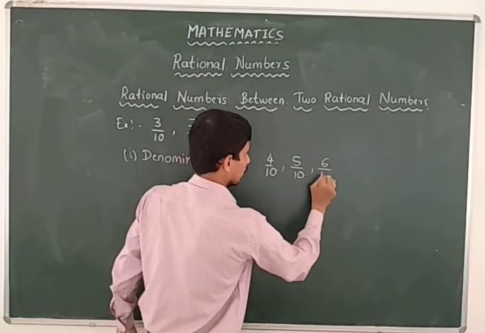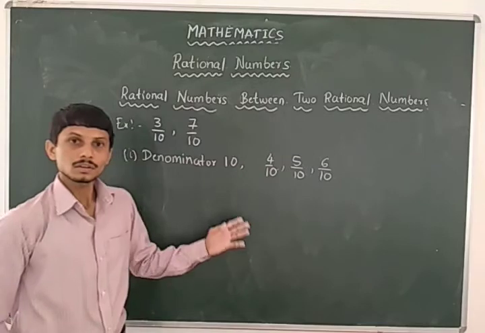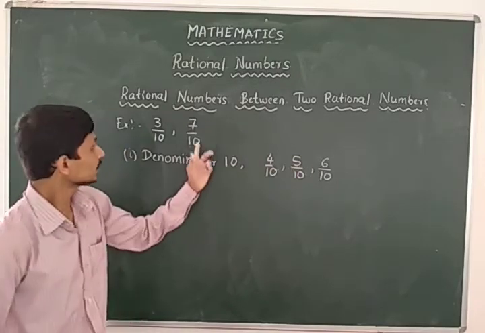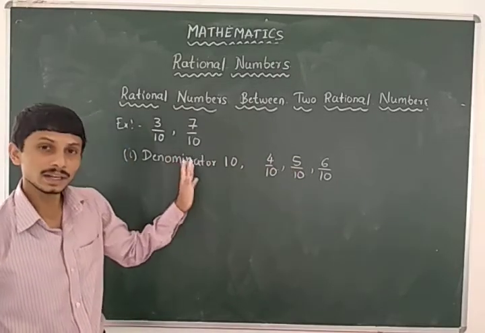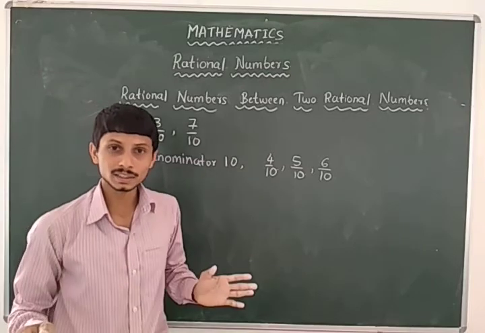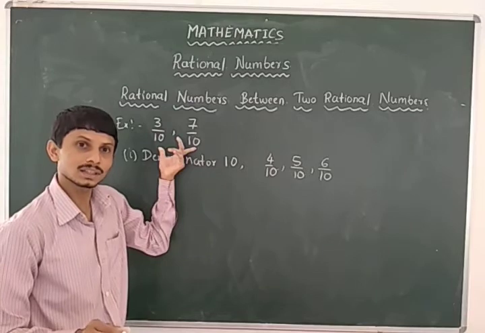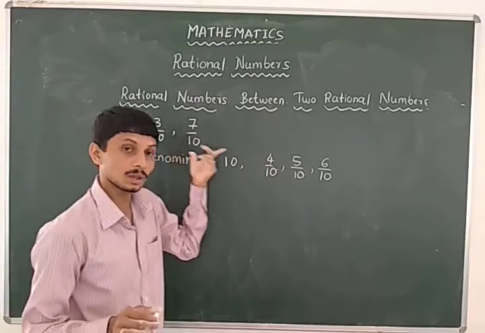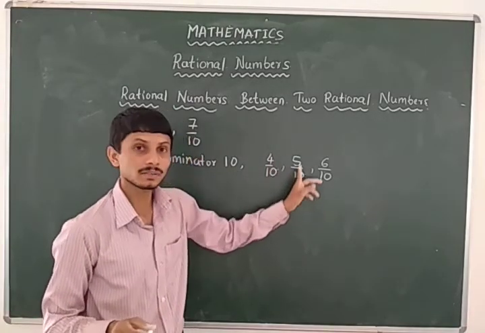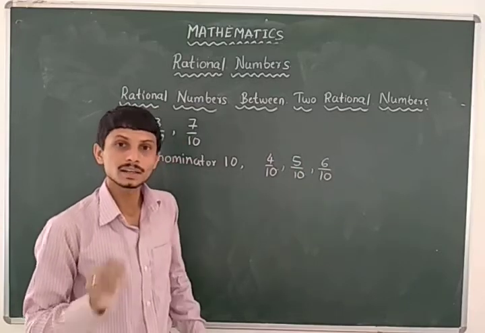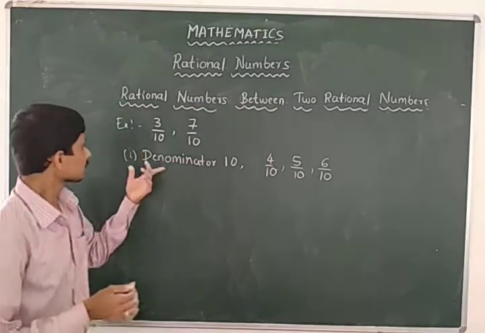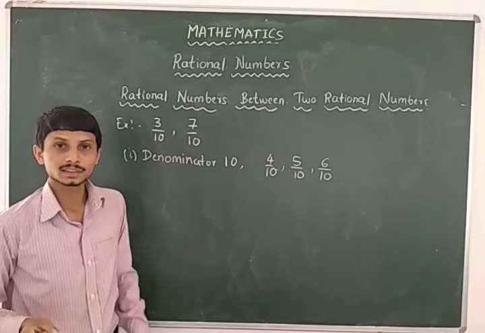So between these two numbers there are three numbers: 4 by 10, 5 by 10 and 6 by 10.